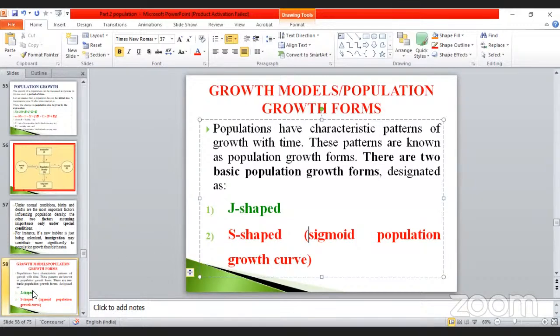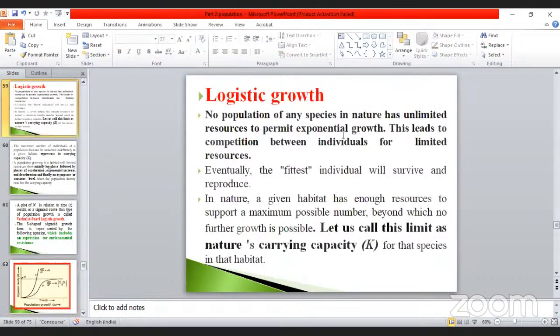Okay, my dear, go to the next one. This is the logistic growth. Logistic growth is also called what? Here, no population of any species in nature has unlimited resources to permit exponential growth.